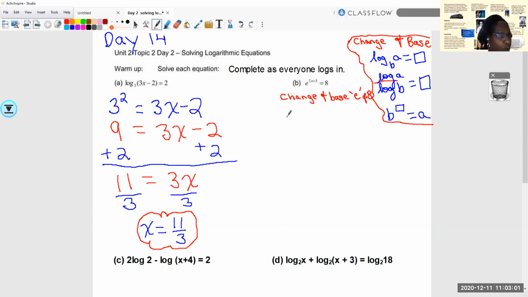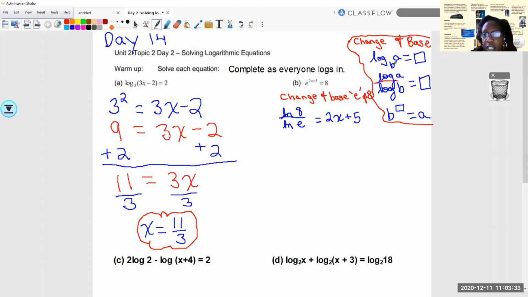Change of base e, so it would be base on the bottom. Get my fraction on it. It would be ln of e over ln of 8 equals our exponent, 2x plus 5. And this is your change of base.